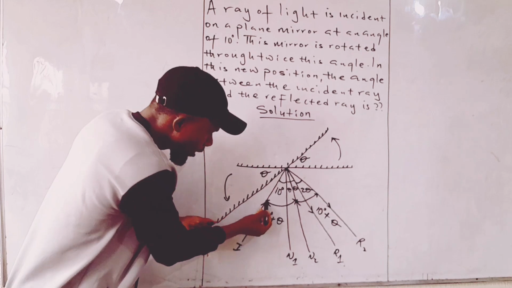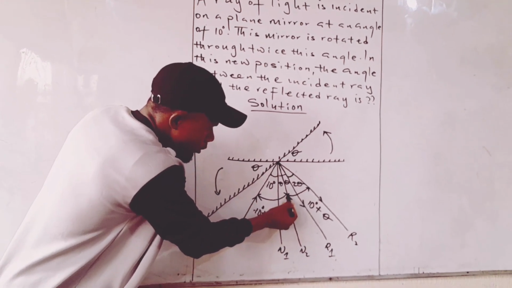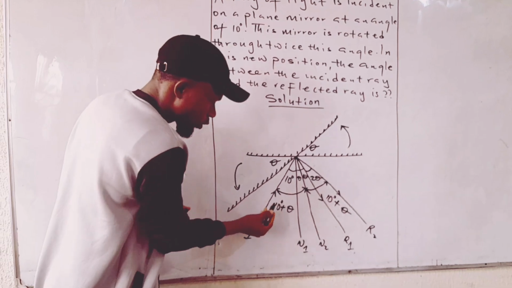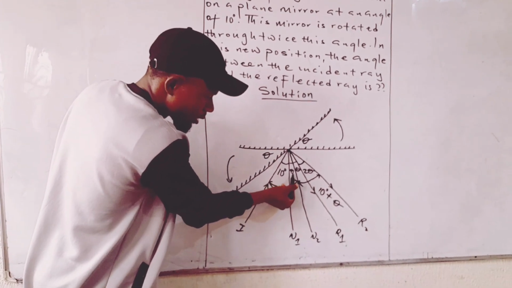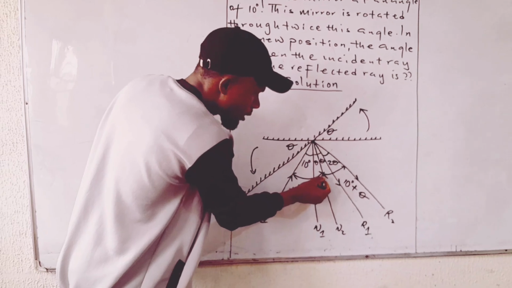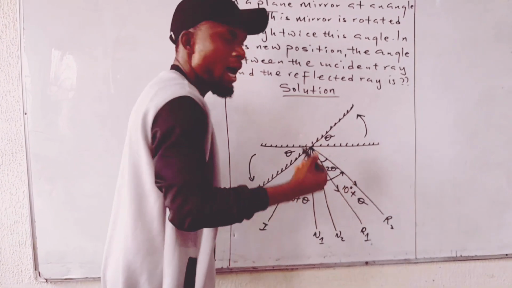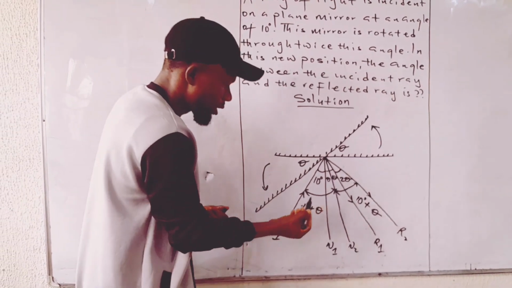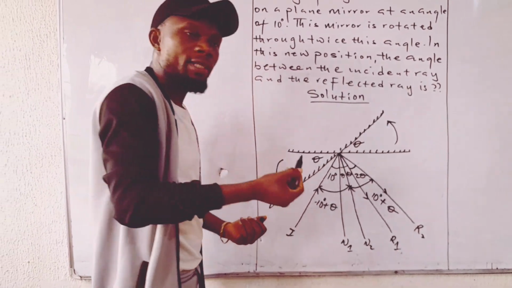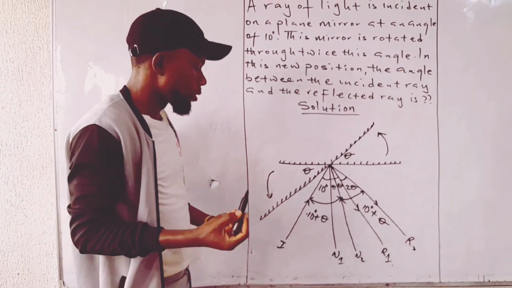From this point to the new normal is my angle of incidence, 10 degrees plus theta, while from this point to this point is my angle of reflection, also 10 degrees plus theta, because the law states that angle of incidence is equal to angle of reflection.